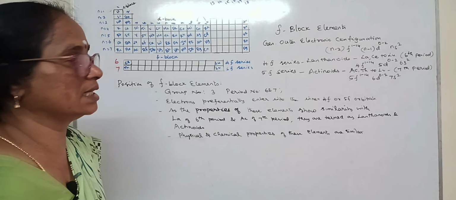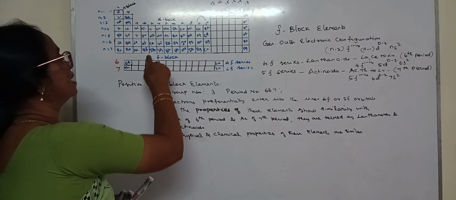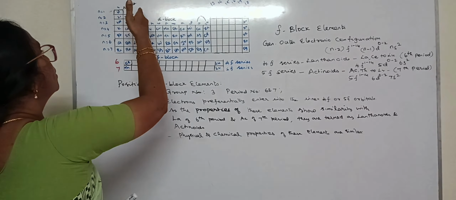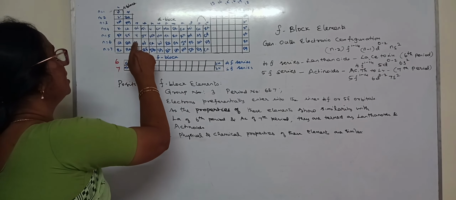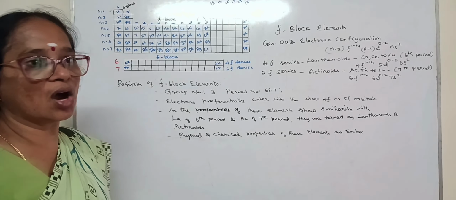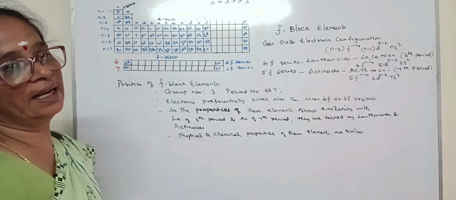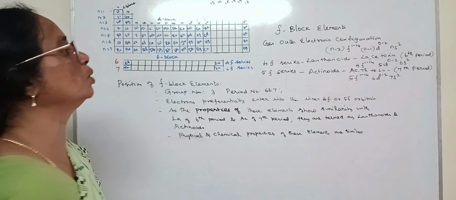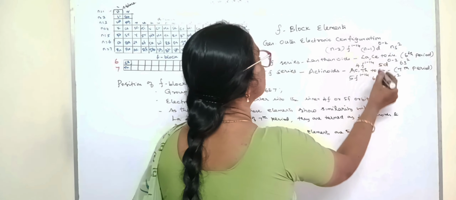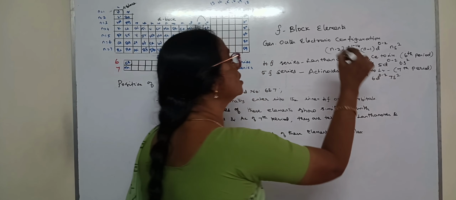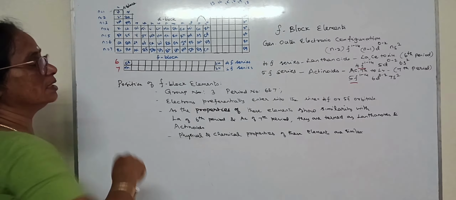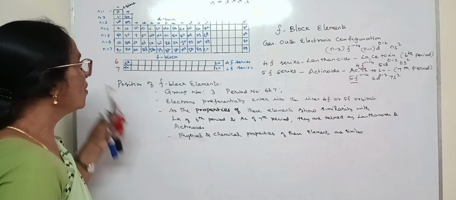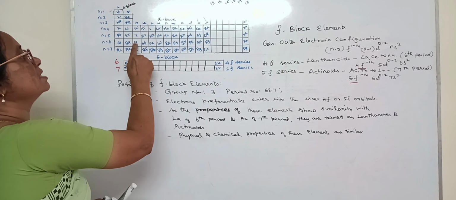Already we discussed these lanthanides and actinides are part of group number 3. In this, the first electron enters into lanthanum's d orbital, and the next electron will prefer to go to either the n-2 4f orbital or the 5f orbital of 6th period and 7th period. So we have the element lanthanum.